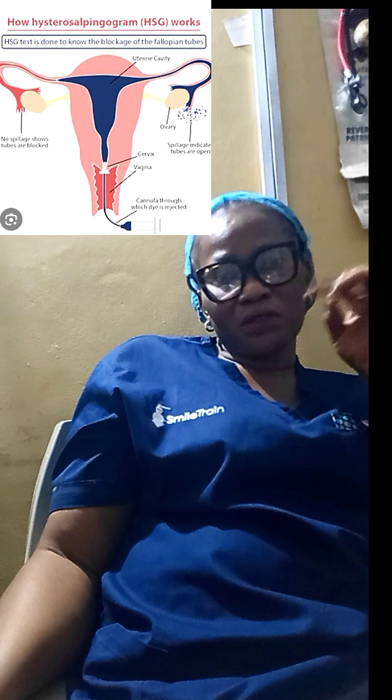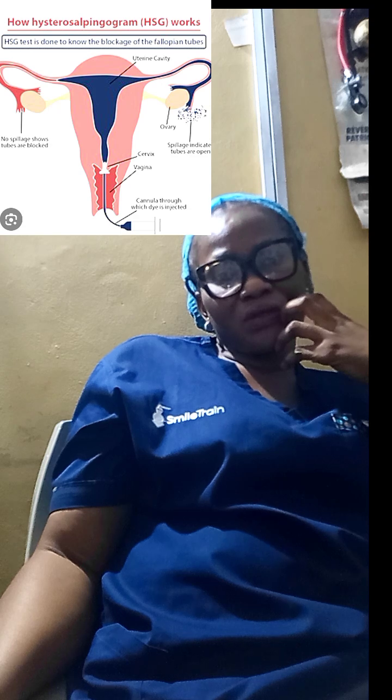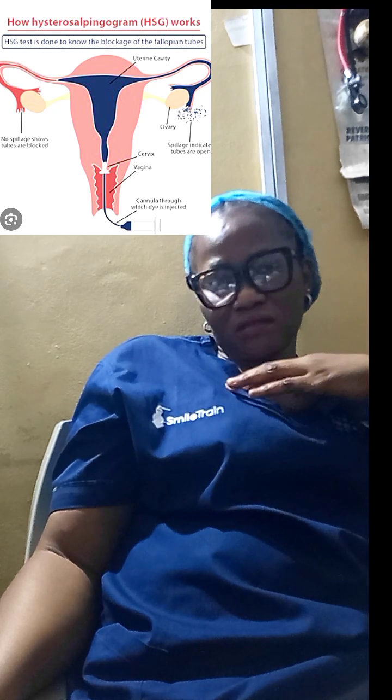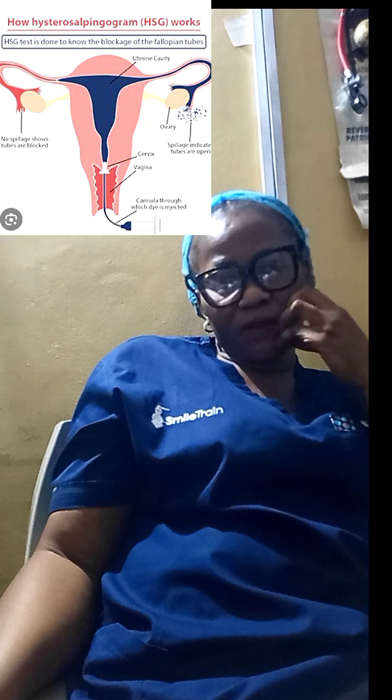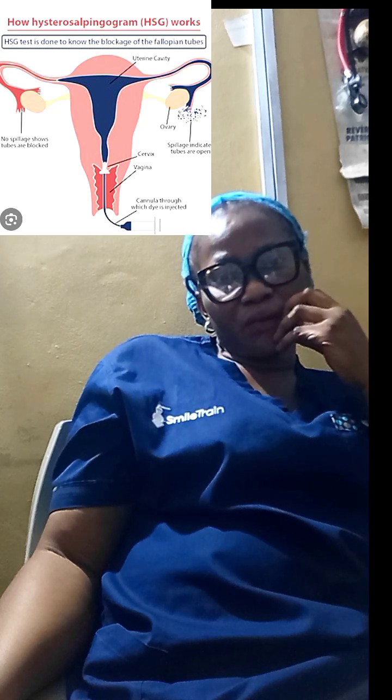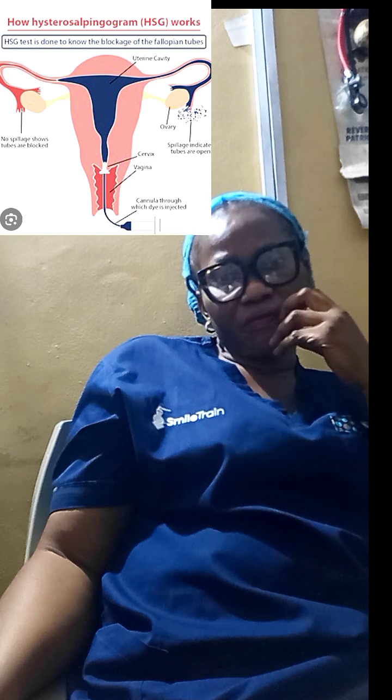It will help to detect whether there is any submucosal myoma there. And again, we can also use that to detect whether there is synechiae, a kind of adhesions, you get, and other things that you can discover using that salpingography.